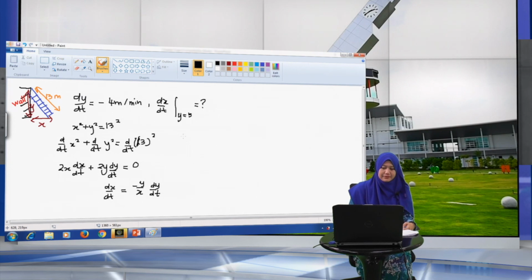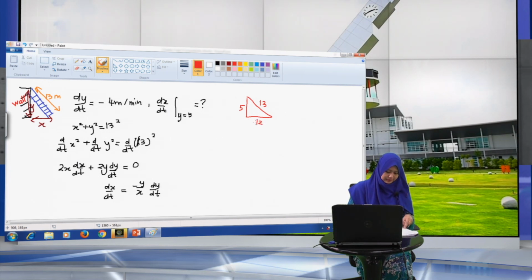Now we need to find x. By the Pythagorean theorem, if we have this triangle with the length of the hypotenuse 13 and y is 5, this one should be 12.